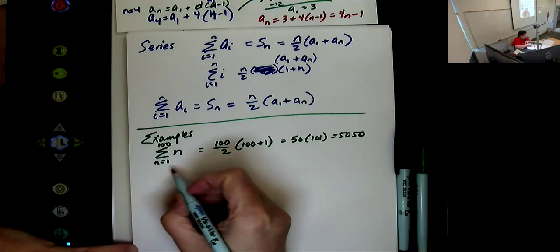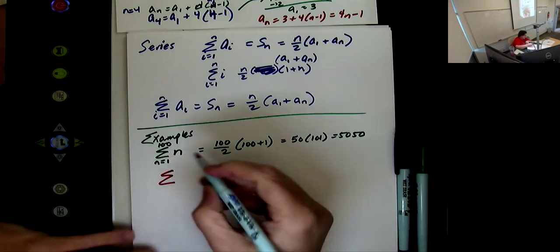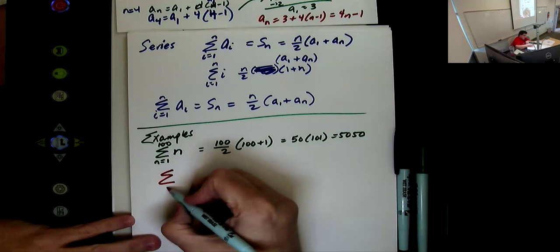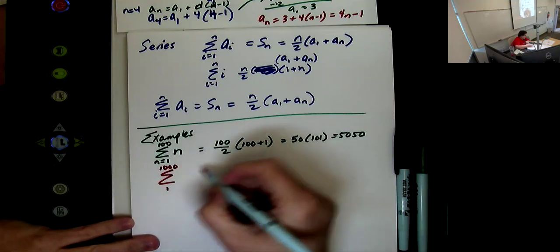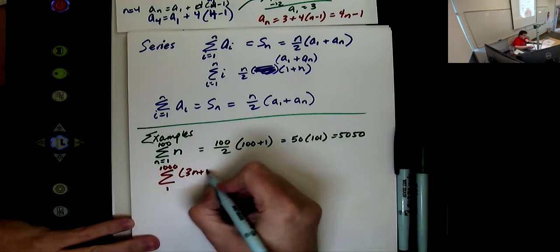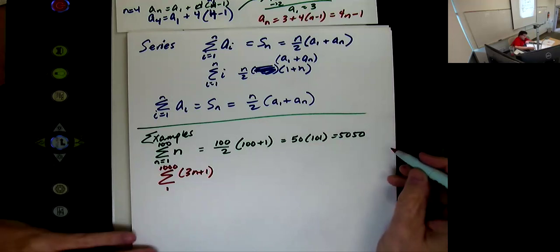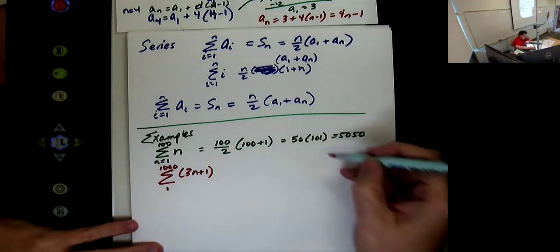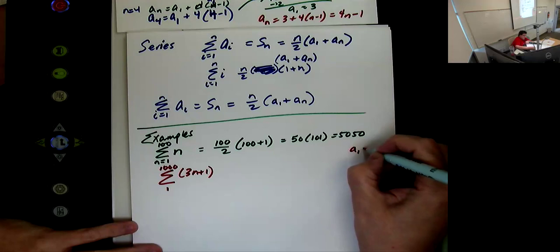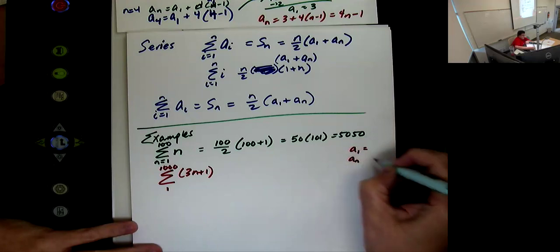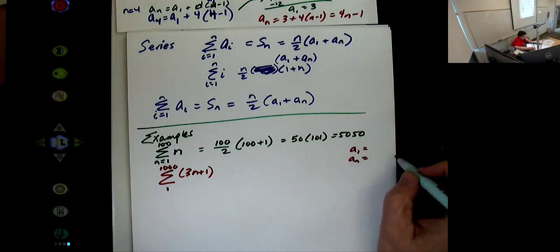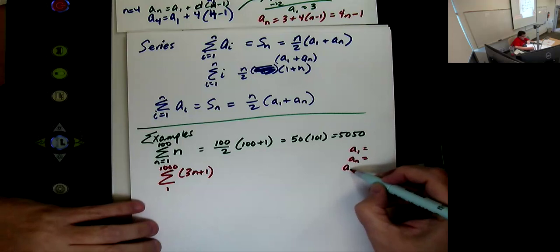So here, this one's got a little bit more work. Let's say the sum from 1 to 1,000 of 3n plus 1. To do this, I need a sub 1 and I need a sub n, which in this case is a sub 1,000.